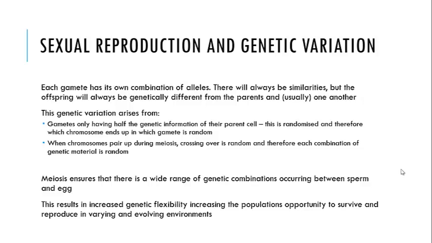So this genetic variation arises from gametes only having half of the genetic information of their parent cell, and it's randomized. Therefore, which chromosome ends up in which gamete is totally random. When chromosomes pair up during meiosis, crossing over is random, and therefore each combination of genetic material is random.